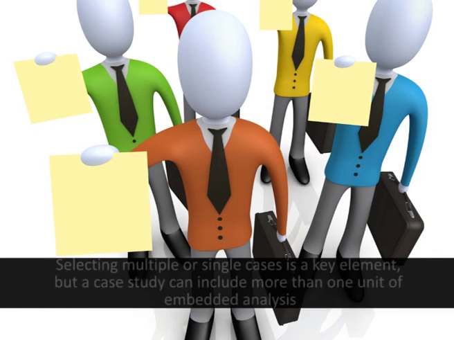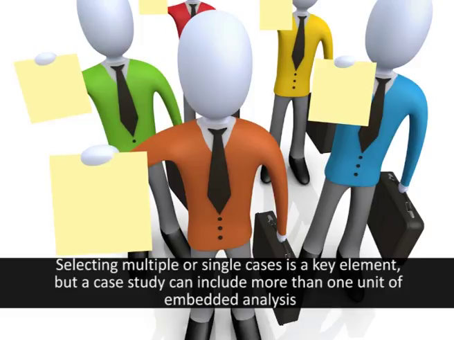Selecting multiple or single cases is a key element, but a case study can include more than one unit of embedded analysis. For example, a case study may involve study of a single industry and a firm participating in that industry. This type of case study involves two levels of analysis and increases the complexity and amount of data to be gathered and analyzed.